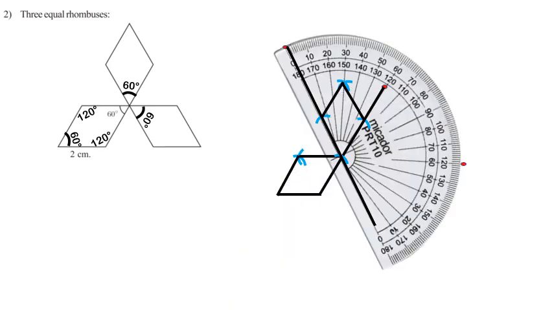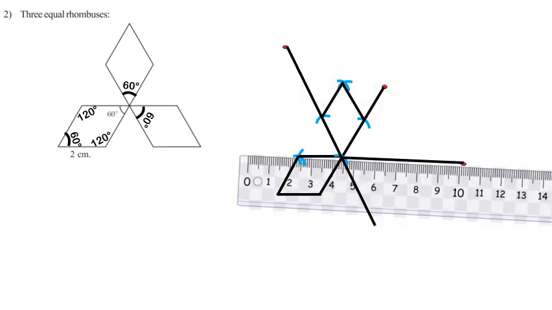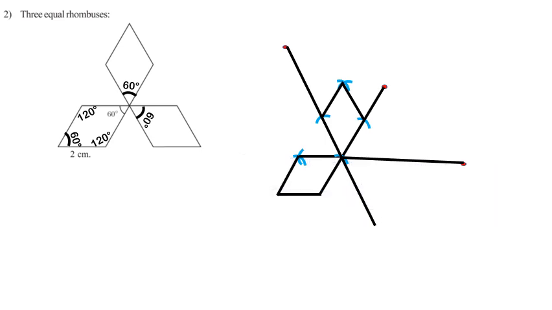Next is the third rhombus. For that, first use our protractor and mark a 60 degree angle from the lower end of the slanted line. Then draw one line to this point from the center.